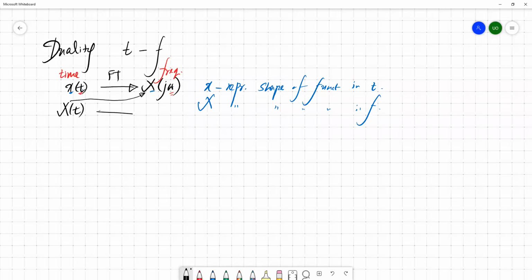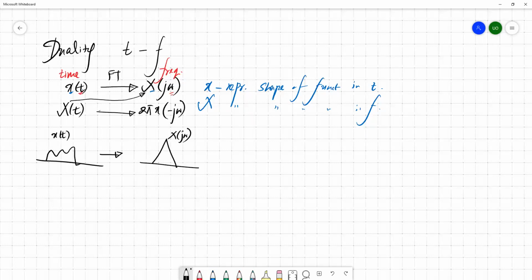Once you apply the Fourier transform, you will get a, okay, for the time being let's assume like this. We have this kind of time domain function x(t). Let's assume if we apply the Fourier transform, we get this kind of function in the frequency domain.